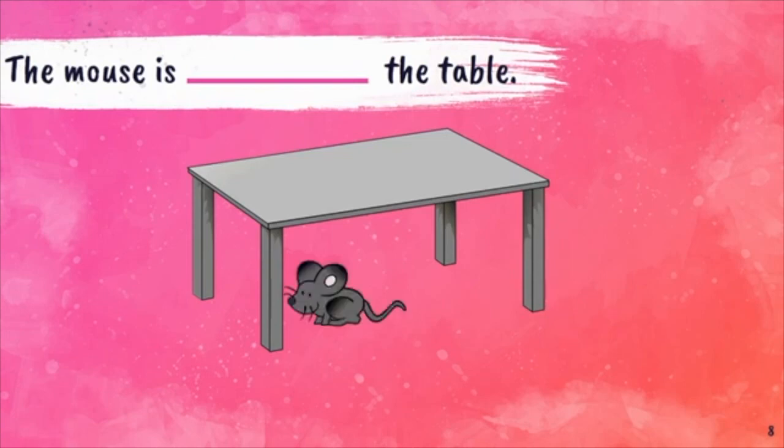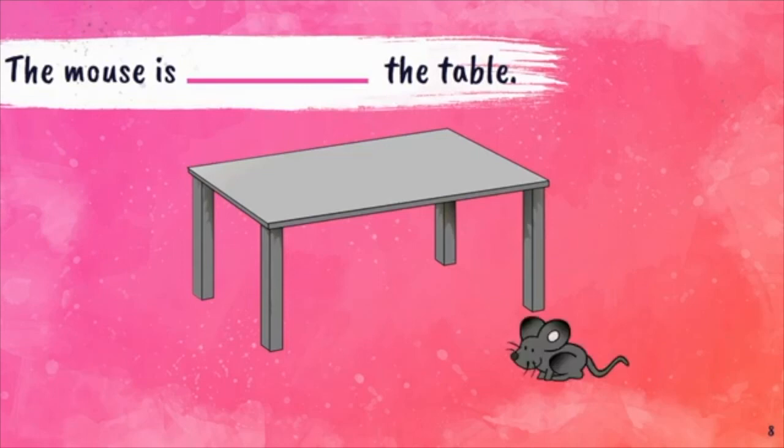Where's the mouse? You guys are spot on. The mouse is beneath the table. Let's give it another go. Where's the mouse? Hooray! You guys are amazing. The mouse is next to the table.